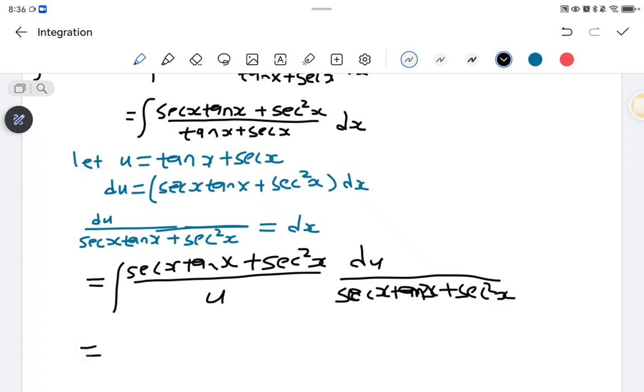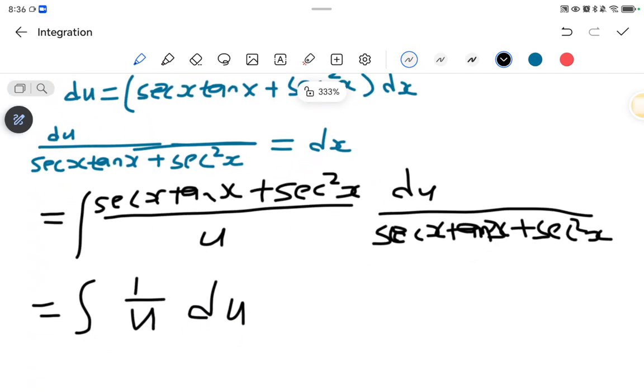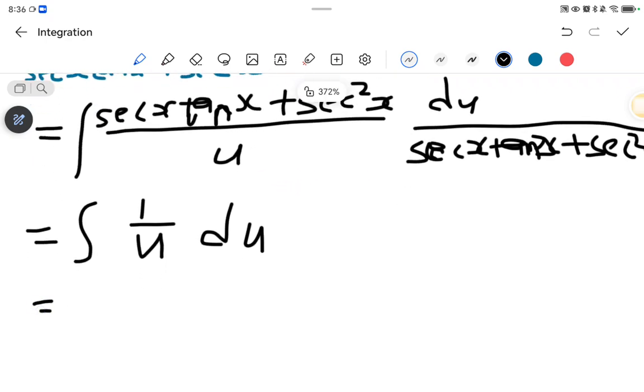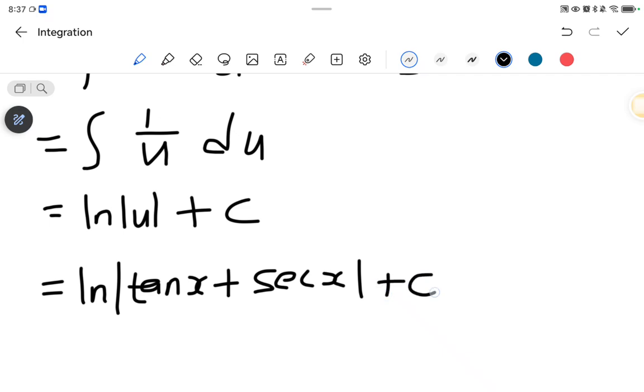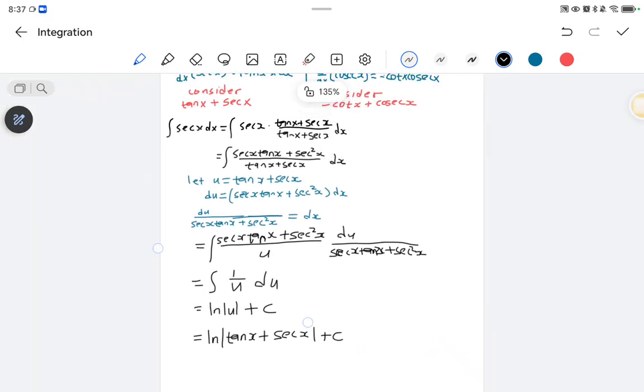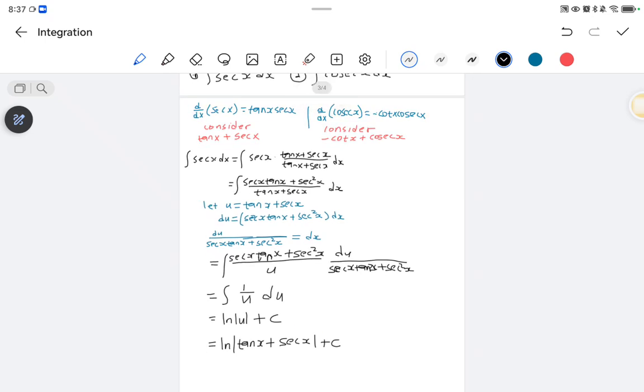You don't have to show that they're cancelling out, just omit them in the next step, because when you show cancelling, you erase things that the lecturer can't see. Don't cancel out, just omit them in the next step. And we know that the integral of 1 over u is ln of the absolute value of u plus c. Then we substitute back our u, which was tan x plus sec x, plus c. You see, right? So that is how you integrate sec x.